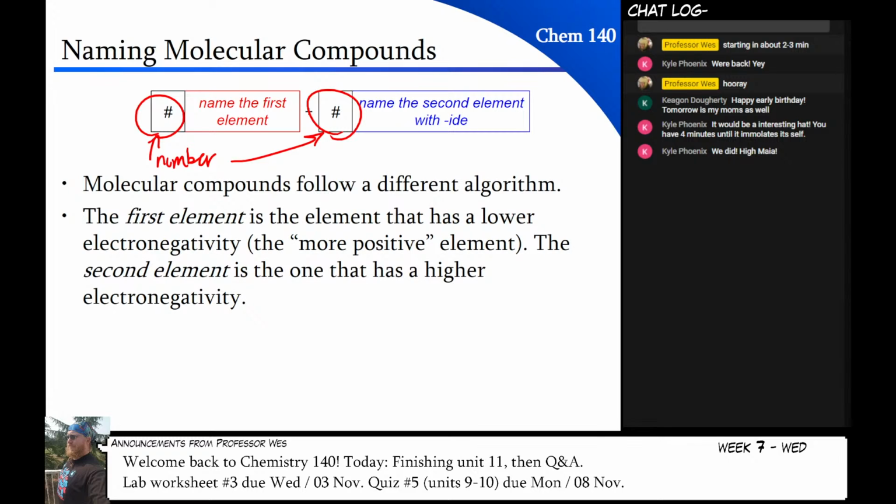The way that's going to work is first we're going to name that first element, and then we're going to name the second element with "ide." Because molecular compounds only have non-metals in them, you know all the ides already because we did all of that yesterday when naming the anions, right? So you're going to name the first element as if it were a metal. It won't be, but that's okay. And then you're going to name the second element and stick "ide" on the end.